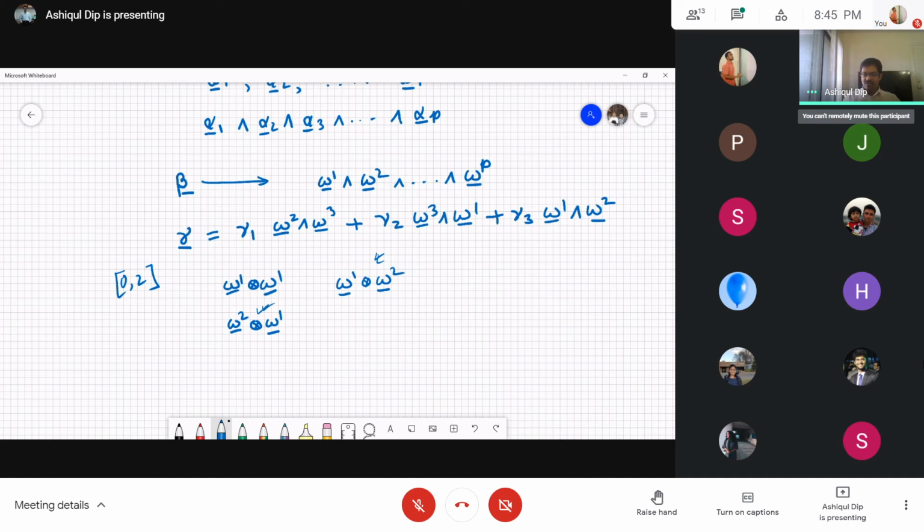So if I write the whole thing, a whole array, how many independent bases should we have? 9, exactly. So like that.